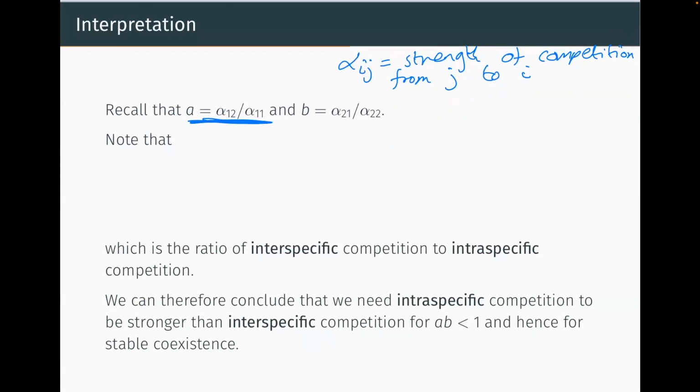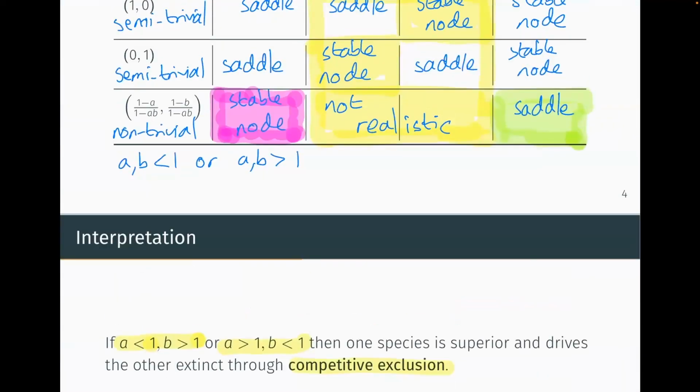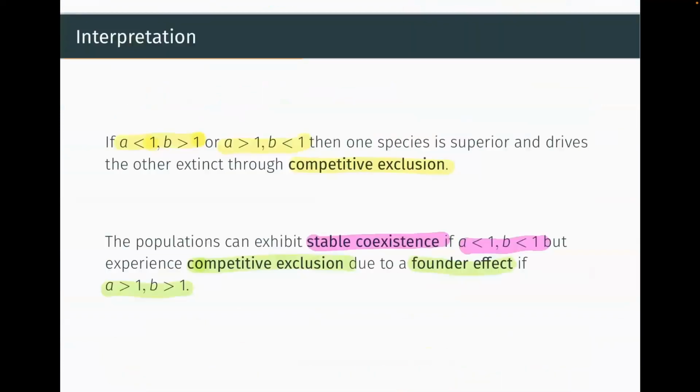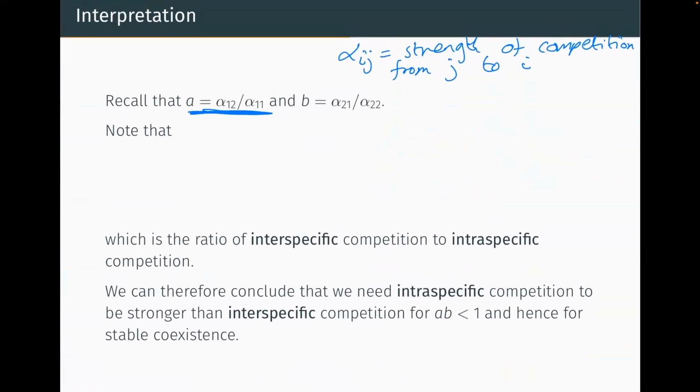So what happens if we go back up to our non-trivial equilibrium? We note that the reason we need the condition AB less than 1 or AB greater than 1 for our non-trivial equilibrium to exist is because of this AB term in the bottom, as well as the 1 minus A and the 1 minus B on the top. So what does that AB actually represent? Well, AB is just alpha 1,2 times alpha 2,1 over alpha 2,2 times alpha 1,1.